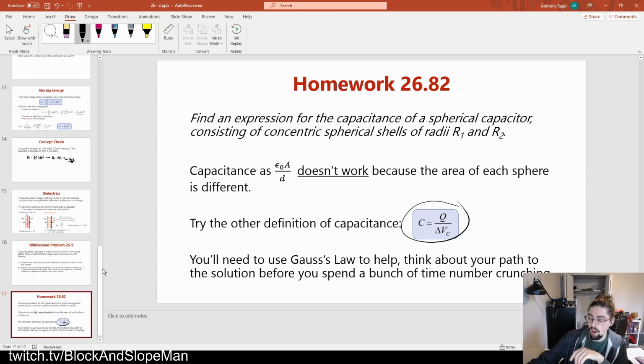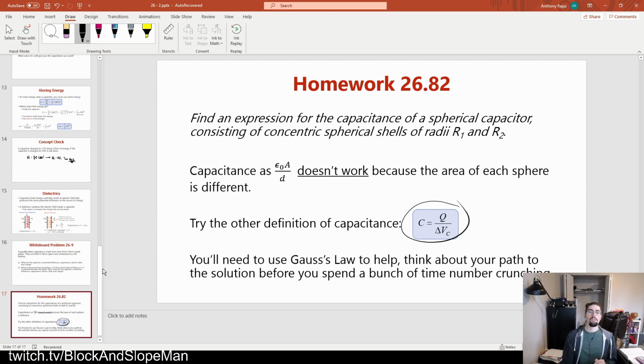There's not a ton of crazy number crunching. There is a little bit, but not a ton. But don't try to jump right into it with a parallel plate equation. Use what we have already seen in a couple of these other problems to make this problem a lot easier to solve. So, a little bit of help so you don't fall into a common pitfall for this problem.